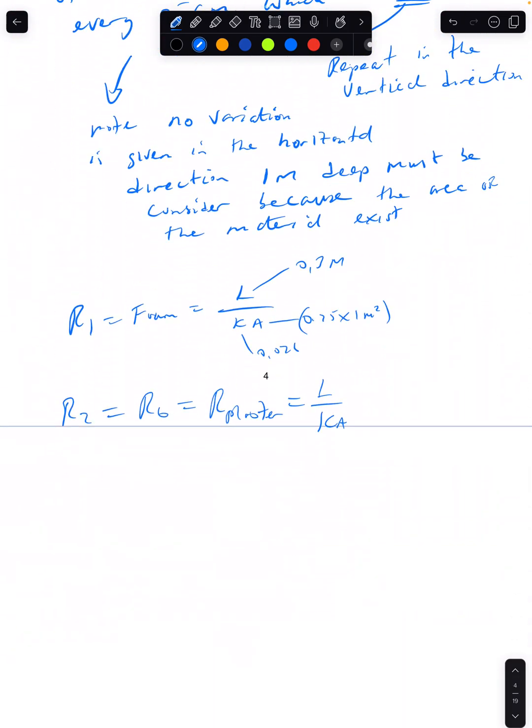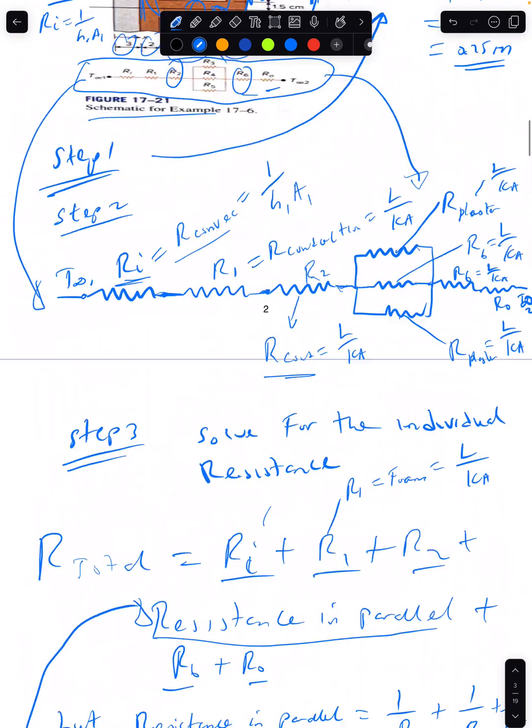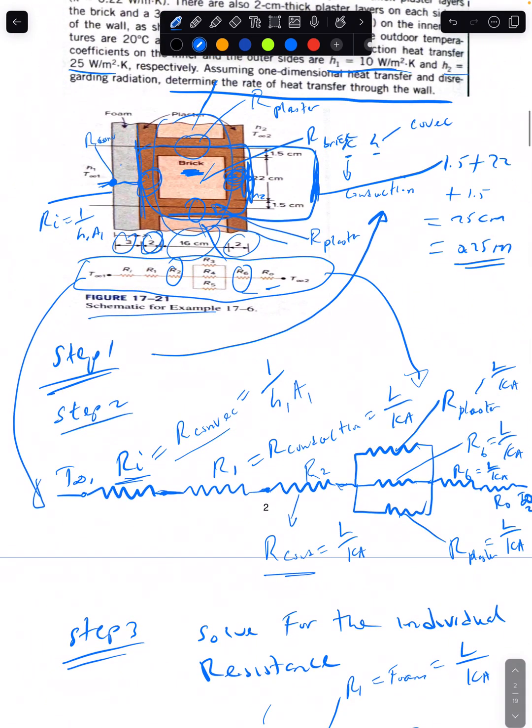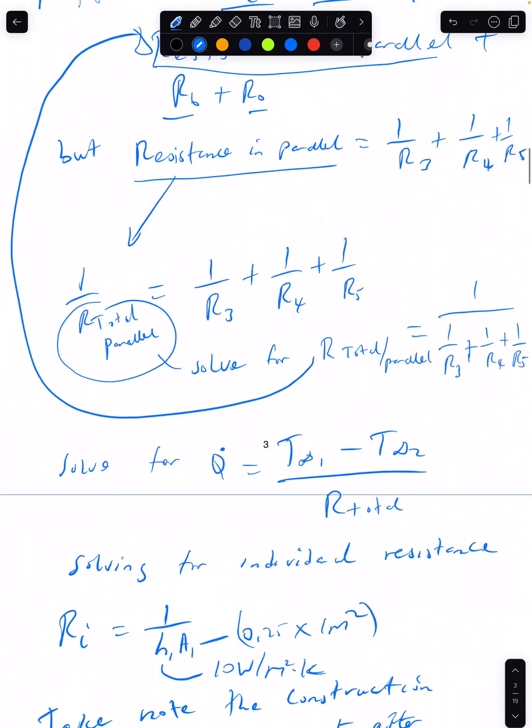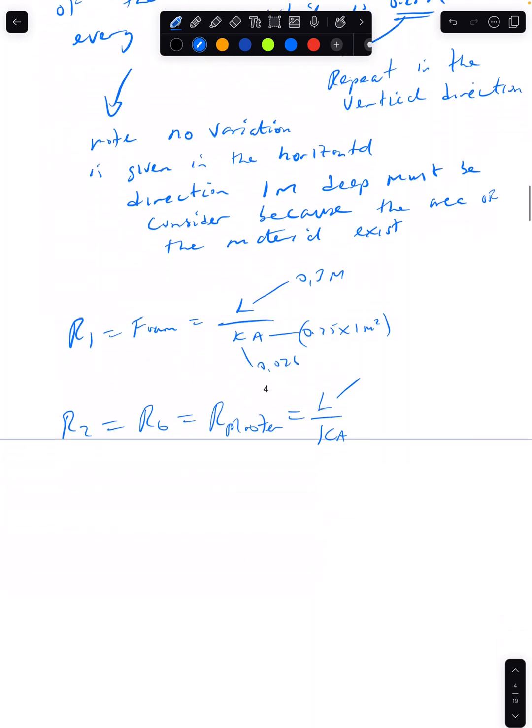In that context, what is the length? Look at the length for that material. It is actually 2. It is 2 here. I have to convert that to meter.